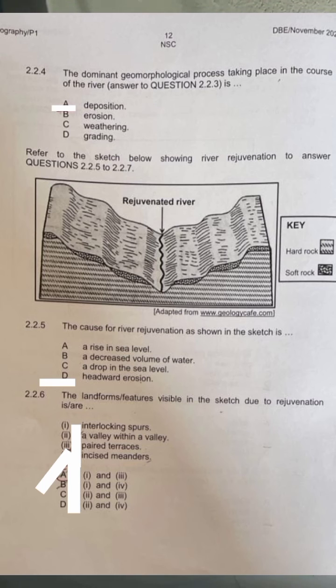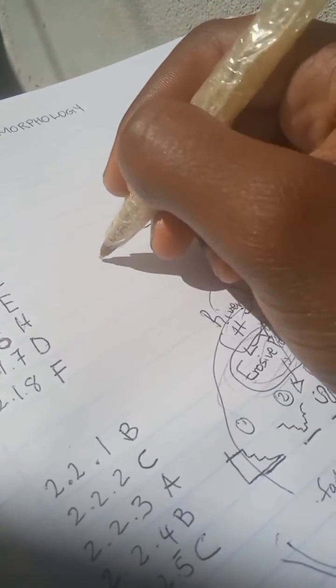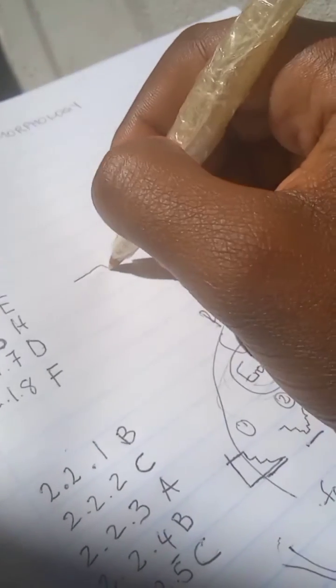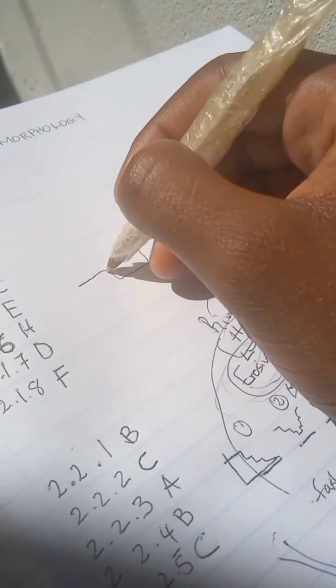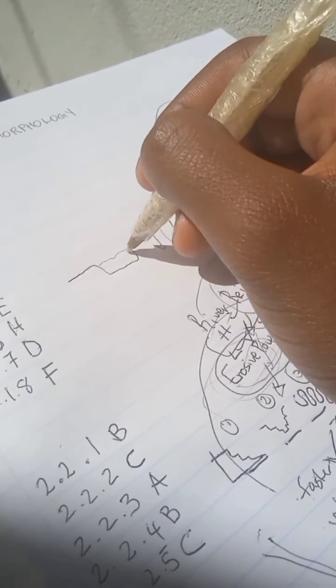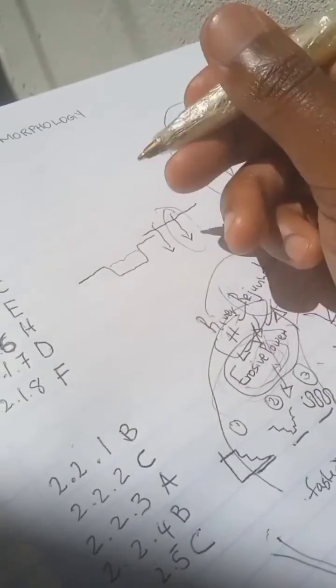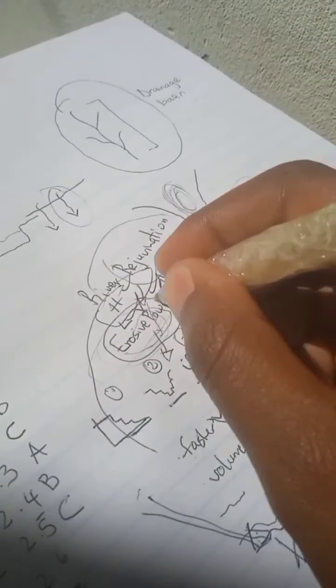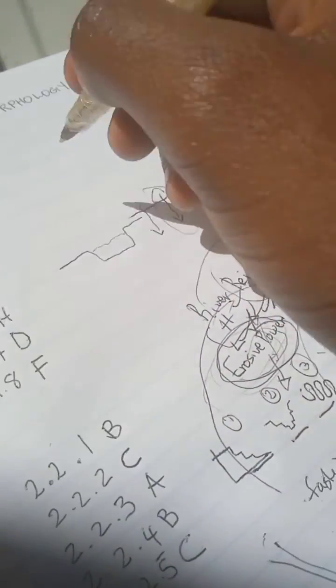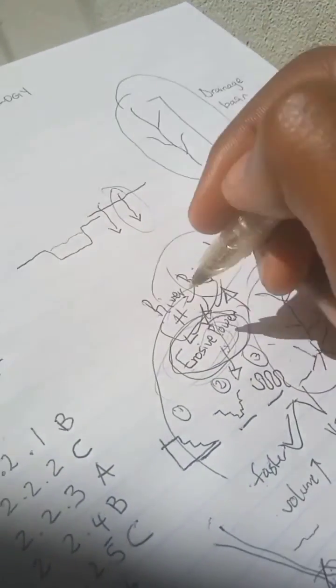Roman figure 2, a valley within a valley. I can vouch for that one because this is how it happens. You have a single valley like that, with a volume of water flowing. Now you rejuvenate the river, give it an inch. Maybe there's more volume of water, and so more erosive power, which increases your erosion.